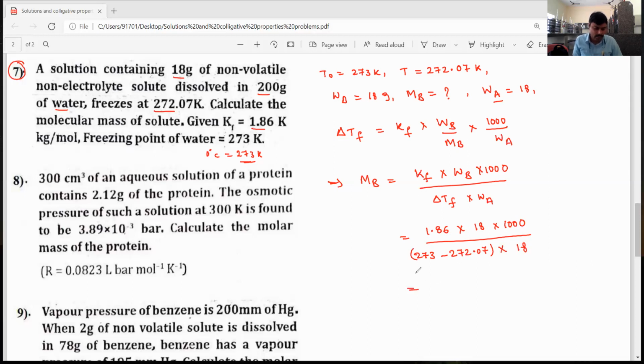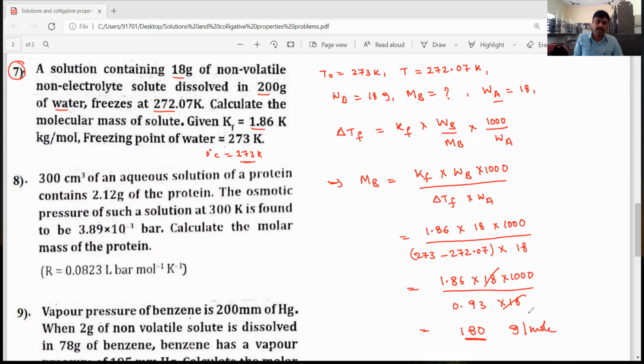On simplification, 1.86 into 18 into 1000 divided by this difference, which is 0.93, into 200. On simplification 180 will come, which means the molar mass of the solute is 180 gram per mole.